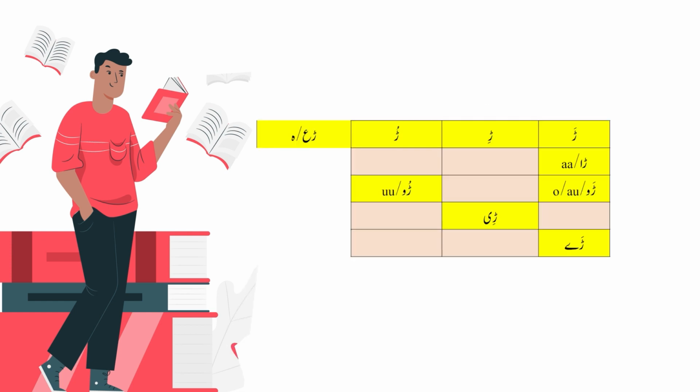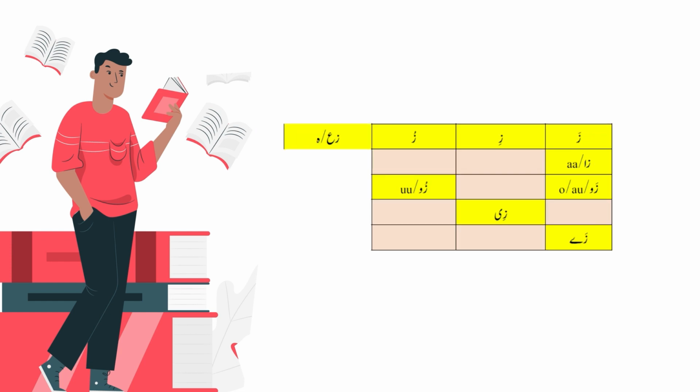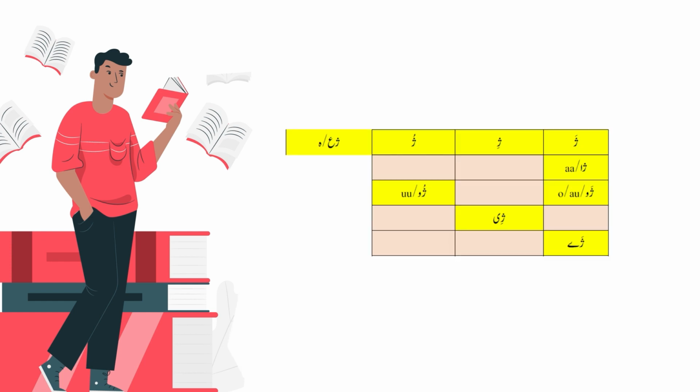Dal: da, di, du, da, da, dow, du, di, de. With ze: za, zi, zu, za, za, zau, zu, zi, ze. With j: ja, ji, ju, ja, ja, jau, ju, ji, je. These are phonemes of the alphabets of this group.